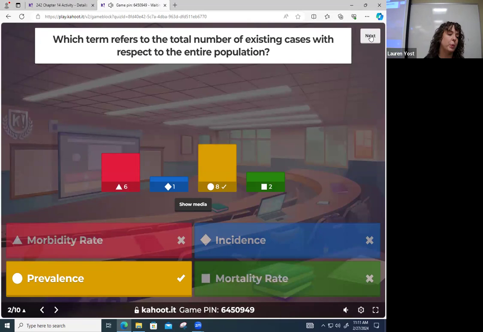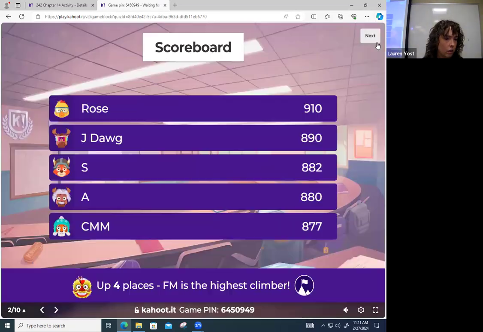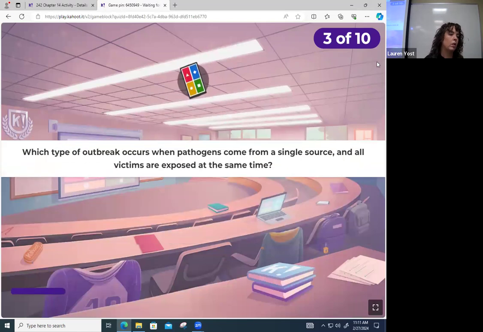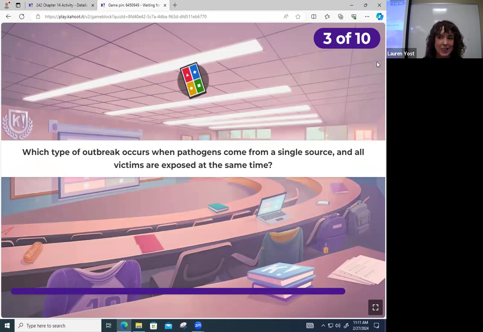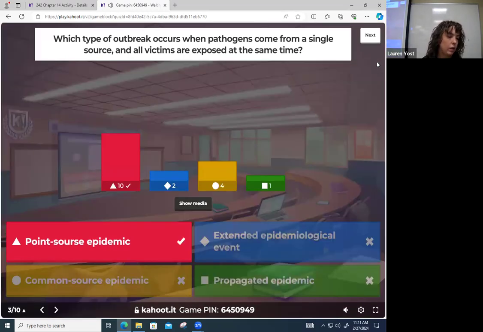So this one is prevalence. Which type of outbreak occurs when pathogens come from a single source and all victims are exposed at the same time? All right, good job. Point source.